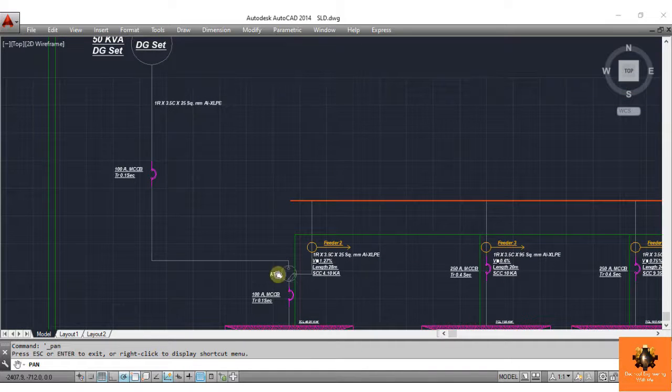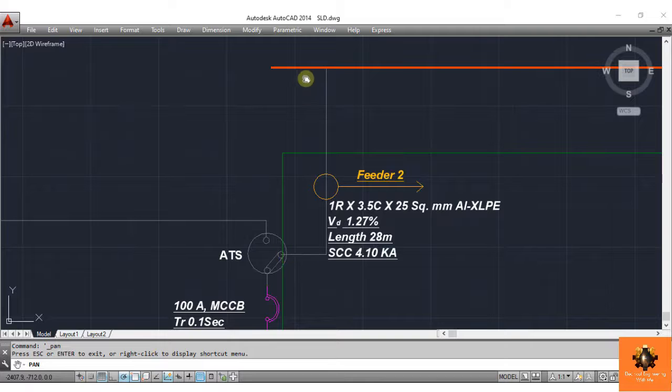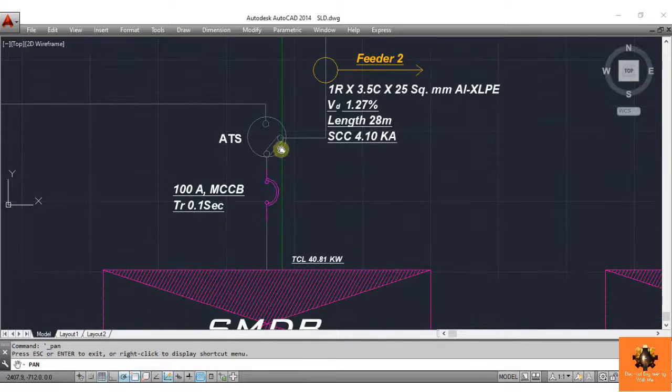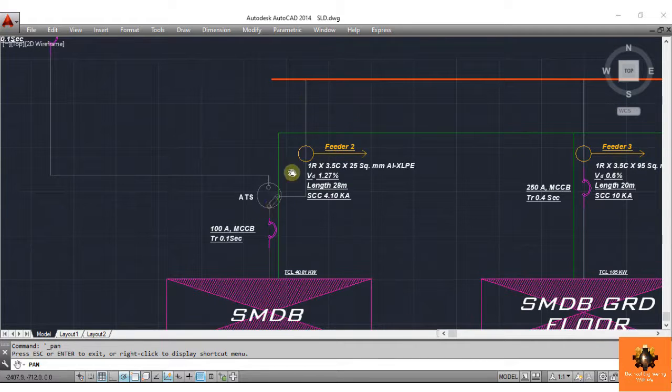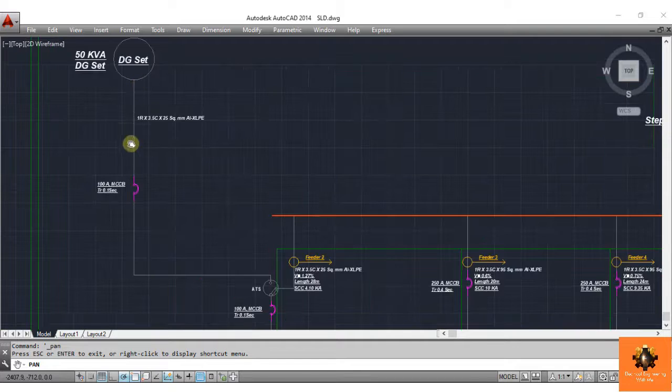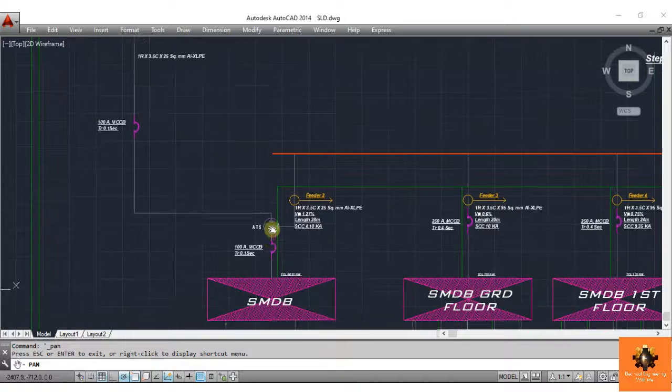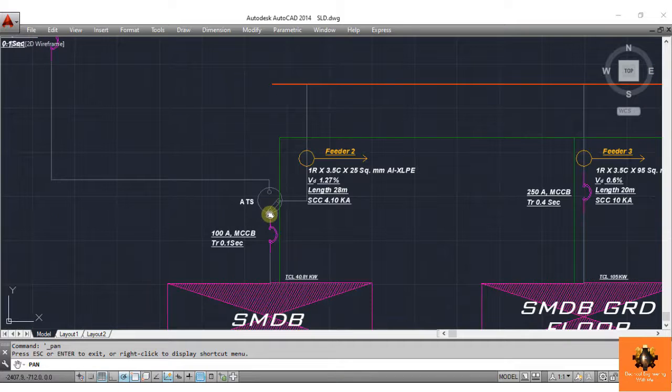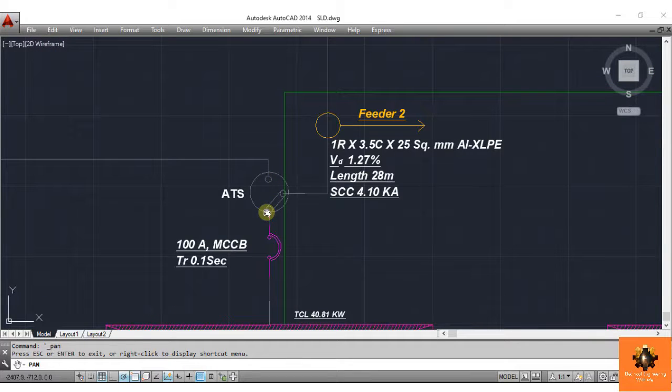When we have the grid power on, then grid power will supply to the load, and this part of the switch will be in this position. This output will be connected to the grid input terminal, so power will flow in this way. But if the grid power fails, in that case this part will move to this input point and will supply the DG power to this SMDB, and this moving part will remain in this position until the grid power comes back.